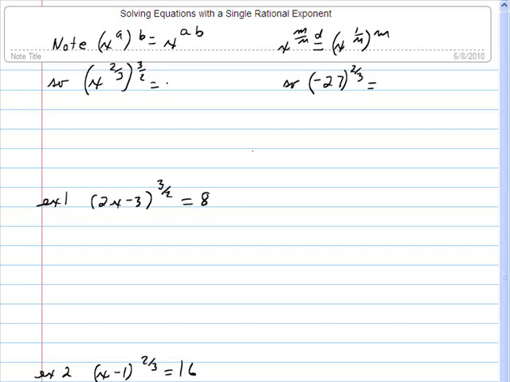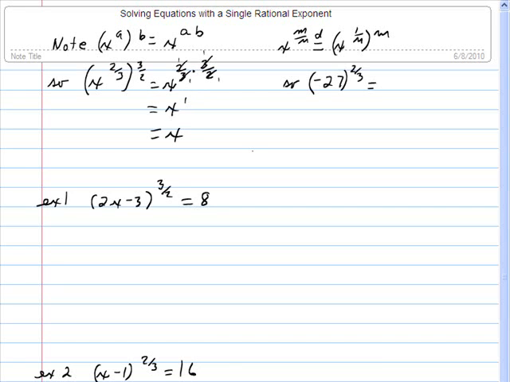Then according to my rule, I would get, as a result, x to the 2/3 times 3/2. Well, the 3 would cancel the 3, those become 1s. The 2 would cancel the 2, those become 1s. So we end up with just x to the 1, or x.